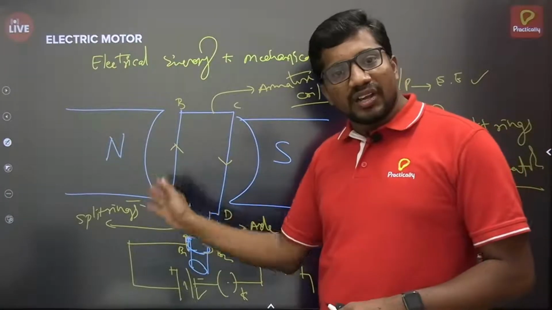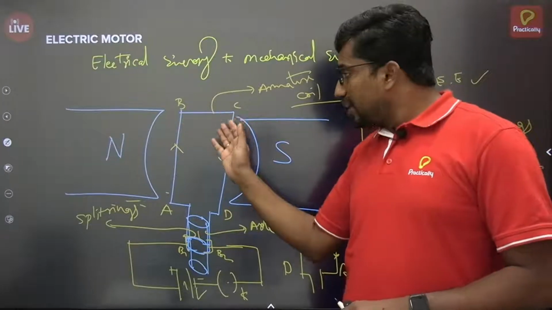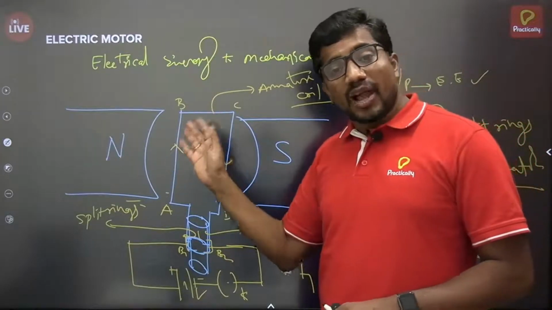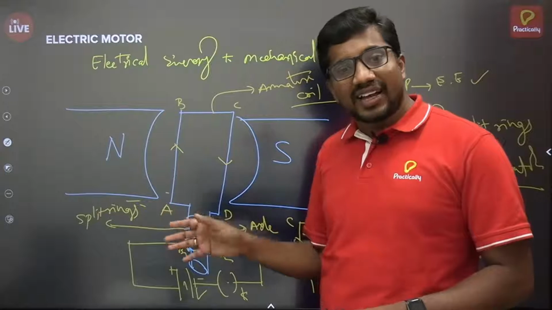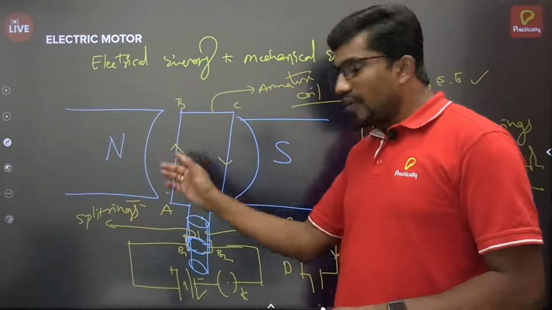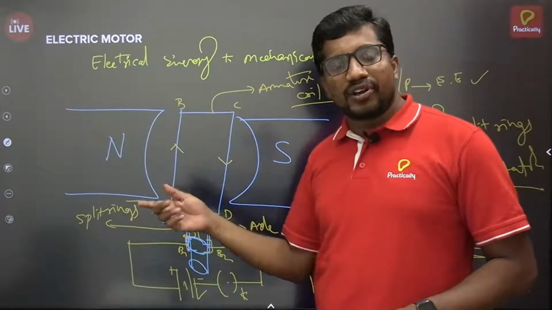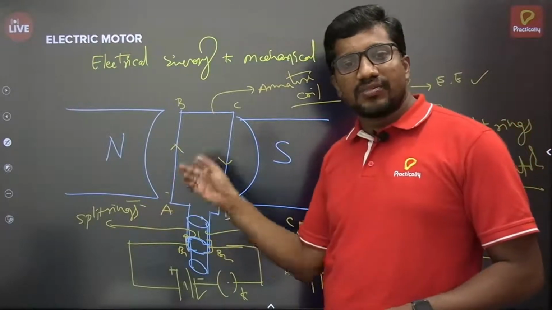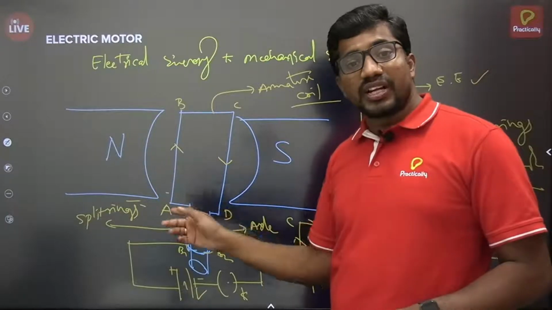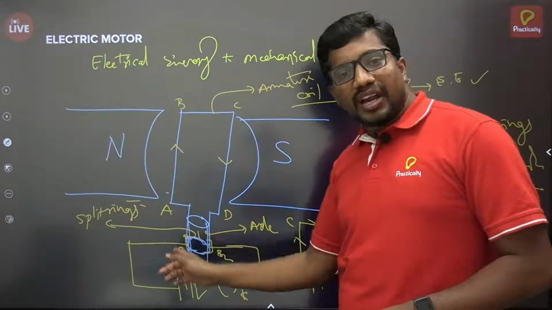When AB moves down, CD will come up. By then the coil attains sufficient momentum to complete further rotation. The direction of the current is reversed for every half rotation, and such rotations make the continuous rotation of the armature coil, which further rotates the axle rod.